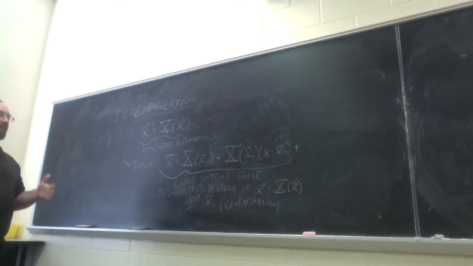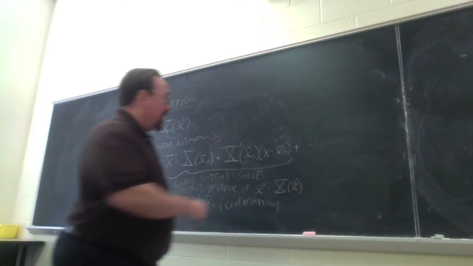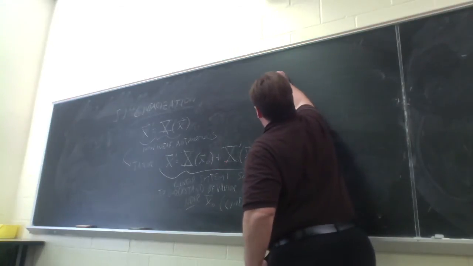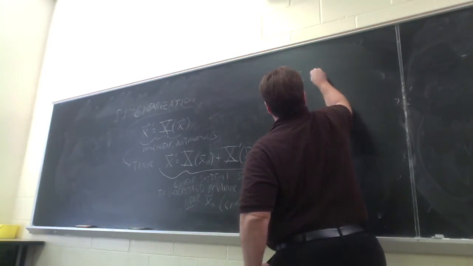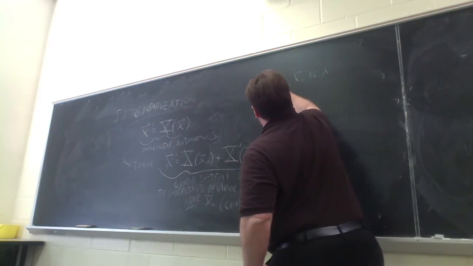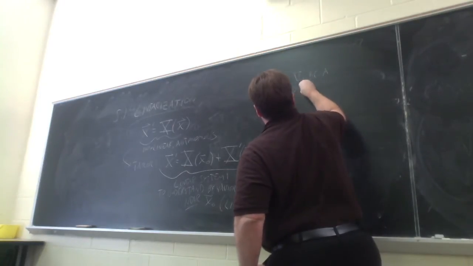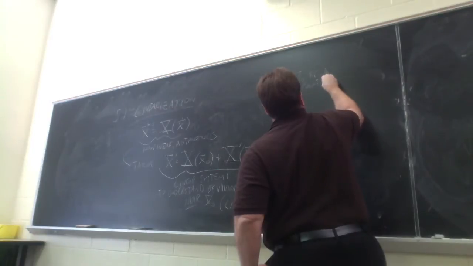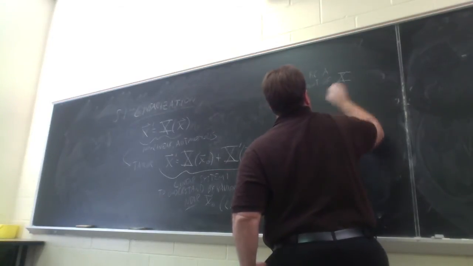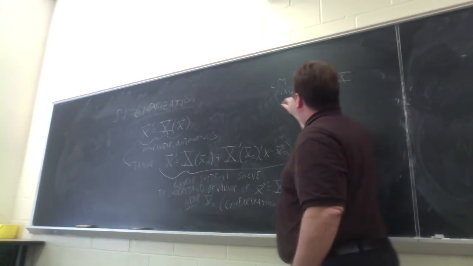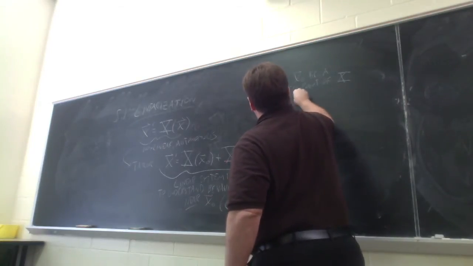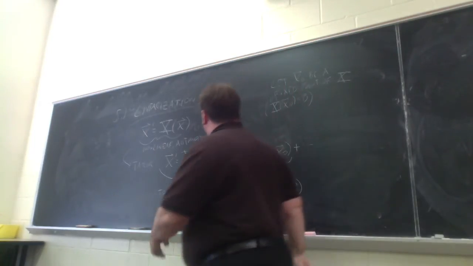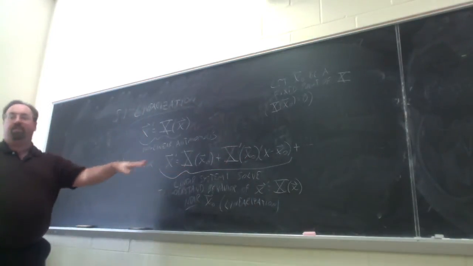Now, to simplify things a little more, suppose that x naught is a fixed point of big X. So in other words, big X of x naught is 0. Well, that's just going to cause the first term to drop out.